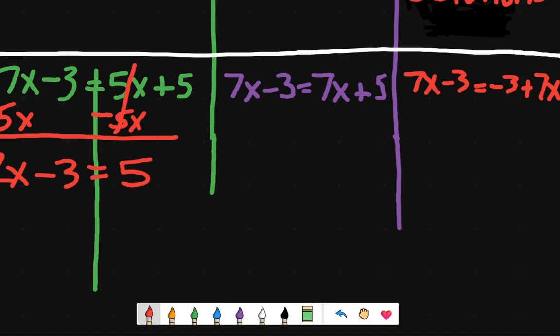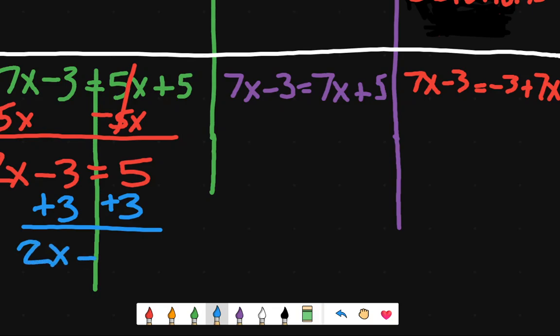Now that minus 3, we're going to add 3 to both sides, because there's a minus 3 and you have to use the inverse property to get rid of it. And now what we have is 2x is equal to 8, because 5 plus 3 is 8. The next step is 2x equals 8. We have to divide, because 2 is being multiplied times x.